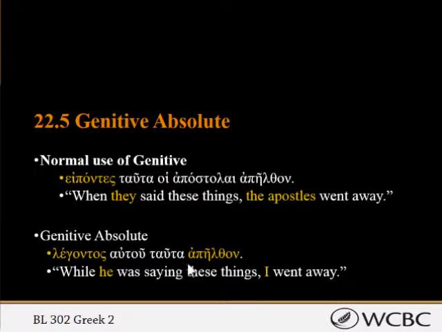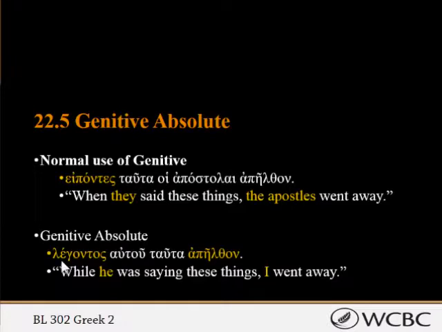The main verb of this sentence is apelthon. And the way we'd parse this, it could actually be aorist active indicative, third person plural, or it could be aorist active indicative, first person singular. We're going to take this as a first person singular to demonstrate this genitive absolute case.